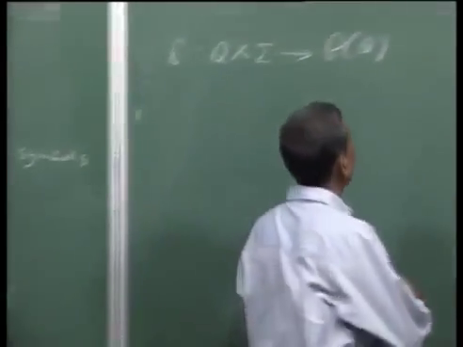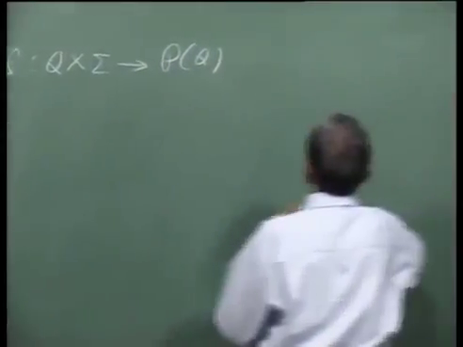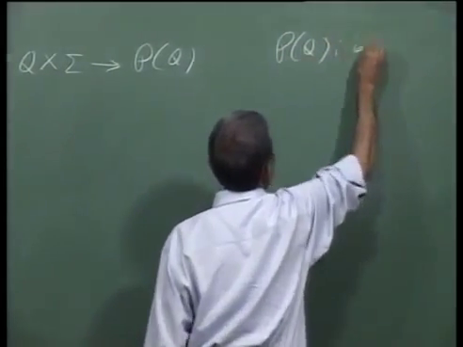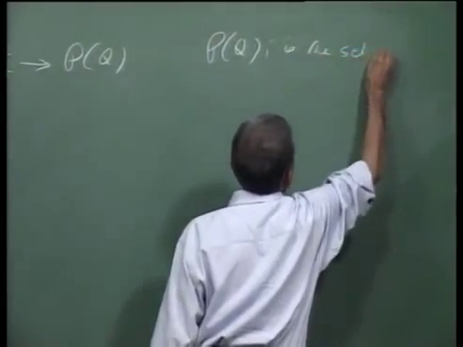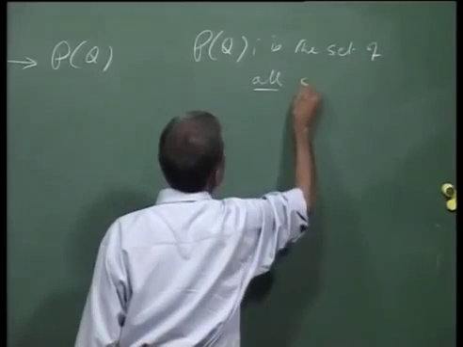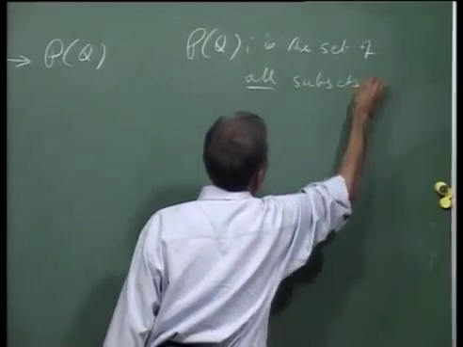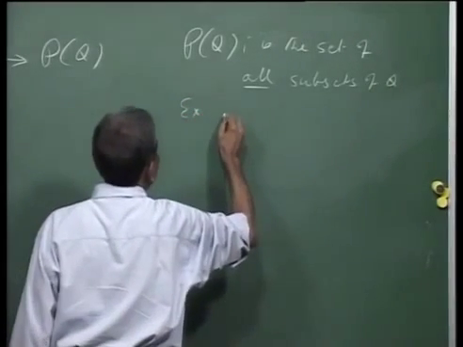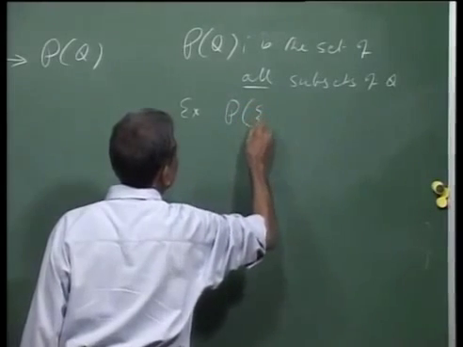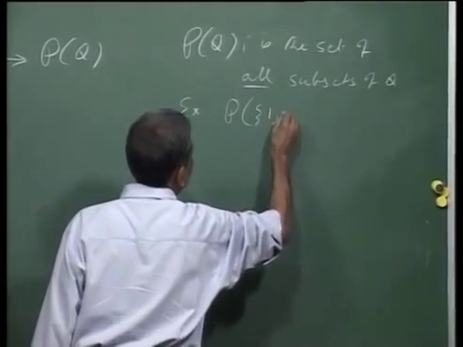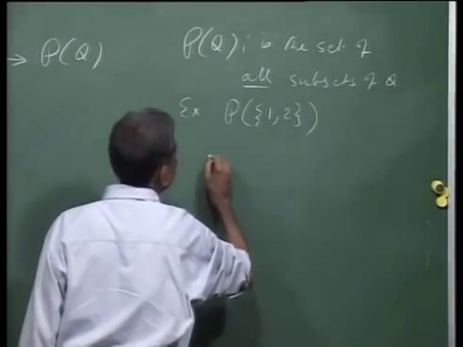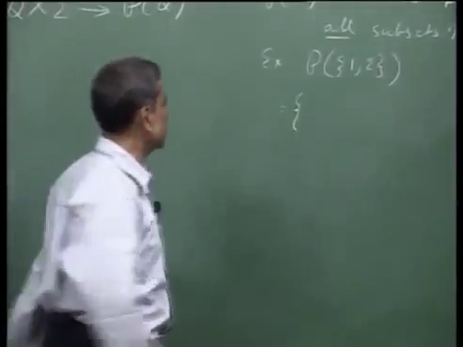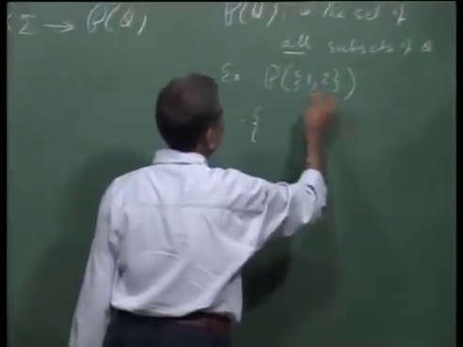Now, you recall what power set is. Power set of Q is the set of all subsets of Q. A simple example: let us say you have the power set of the set {1, 2}. Remember, power set is a set and its elements are the subsets of the set.